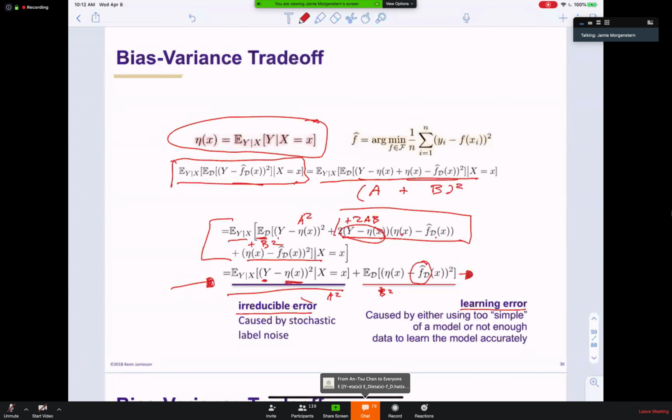Because of the limited space, the expectation of 2ab, this is the expectation of y given x, is equal to the expectation of y given x of, we'll take the 2 out, y minus eta x, minus f hat of x.